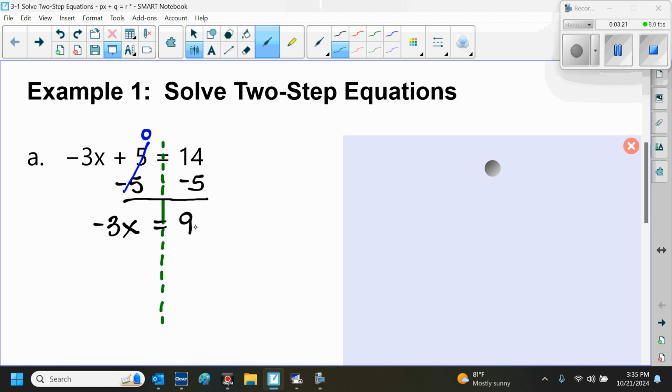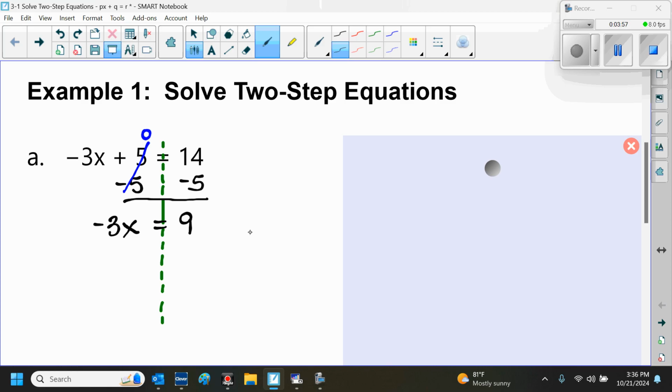Good. Now, put your finger on the variable that you're solving for. You're solving for x. What do you want to get rid of? You want the dot by itself. What do you want to get rid of? The negative 3. Is everybody clear? So that means because this says negative 3 times x, how do I get rid of that negative 3? What's the inverse of times?